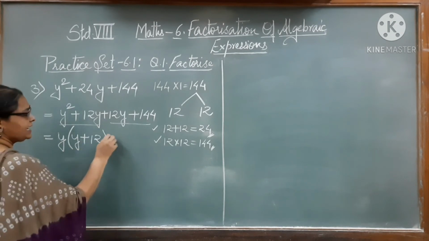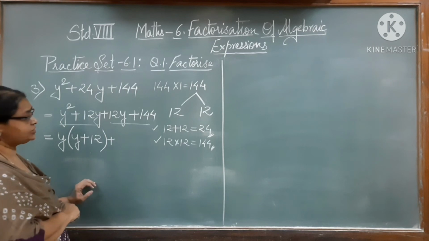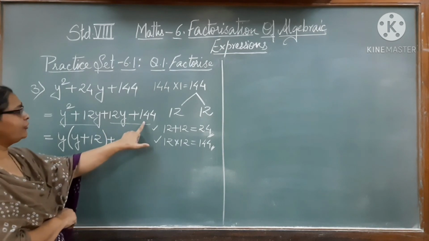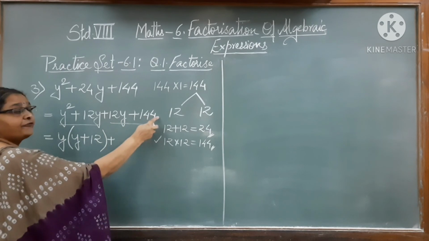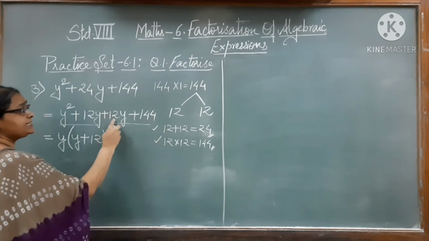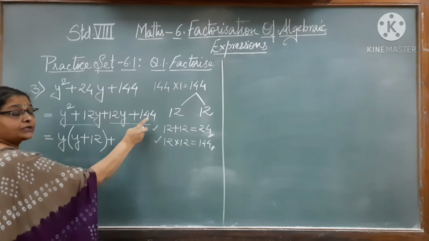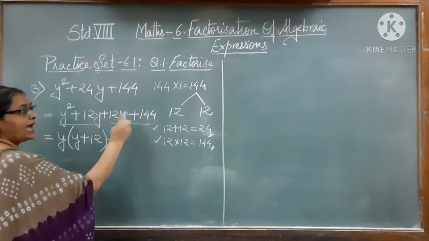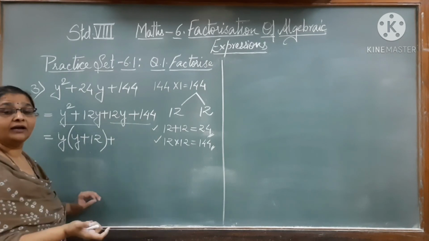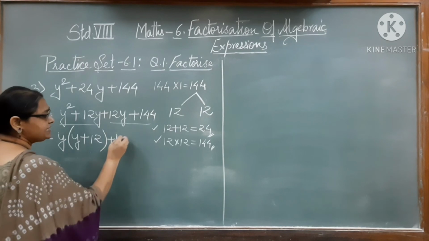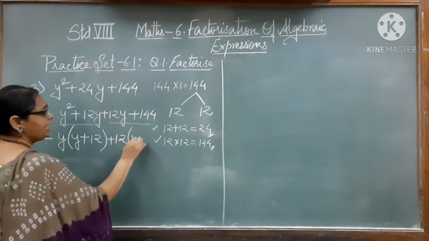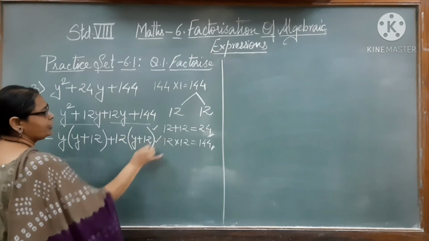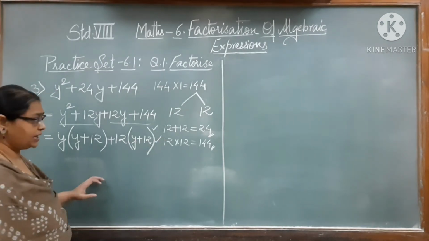Next is the plus sign. Let me take the next group of terms, 12y plus 144. Here, let me take the common number because I don't have y over here. 12 and 144, of course, are multiples. So let me take common 12 into y plus 12. 12 twelves are 144. So I have taken 12 over here.